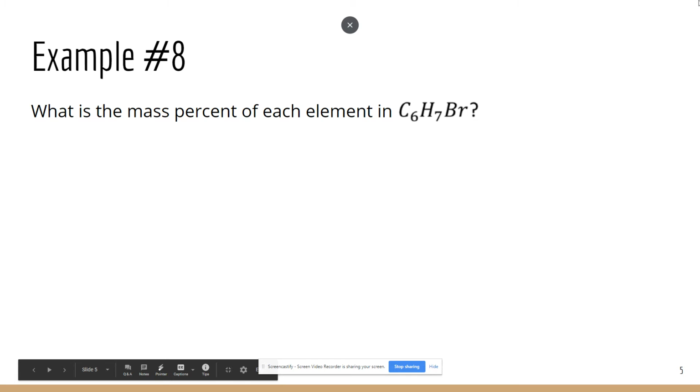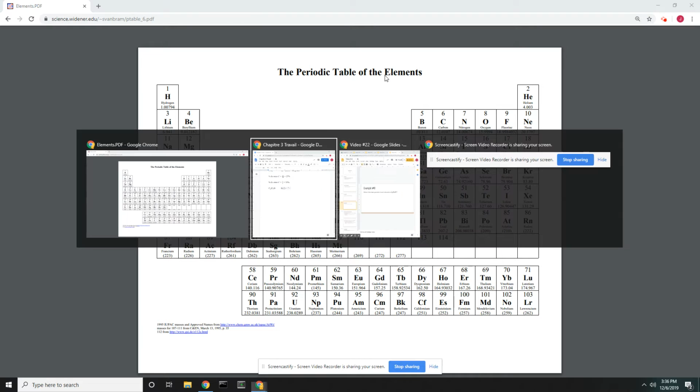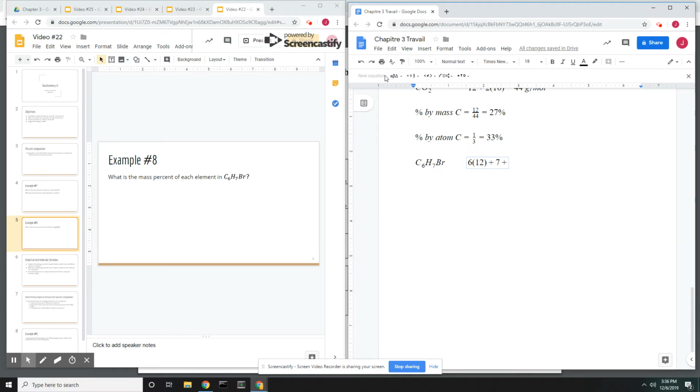Pause here. This is a very similar problem, just with a more complex chemical formula. Before I do anything, I need the molar mass.